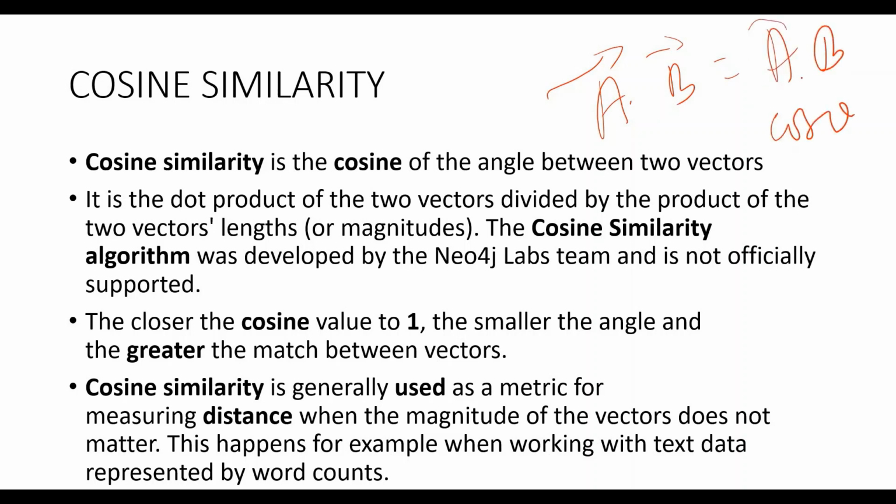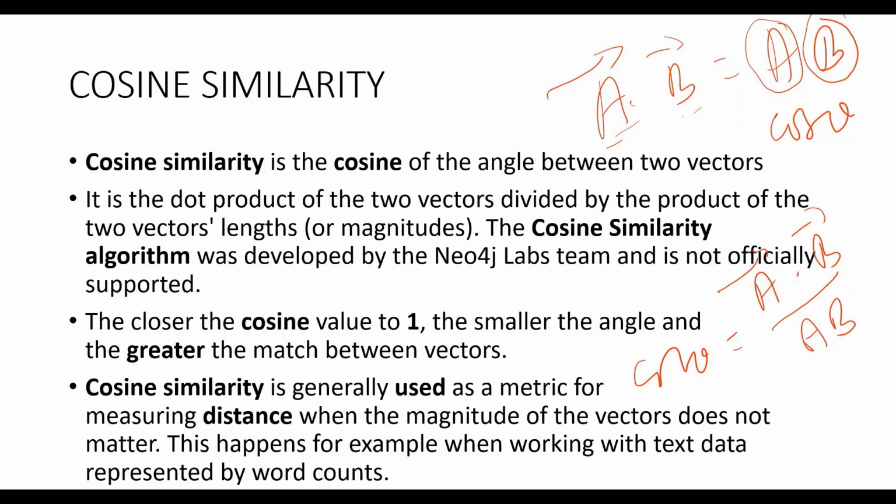Here |A| is the magnitude of vector A, |B| is the magnitude of vector B, and theta is the angle between the vectors. So from here you can write cos theta is equal to A dot B divided by |A||B|. This is the cosine similarity equation.